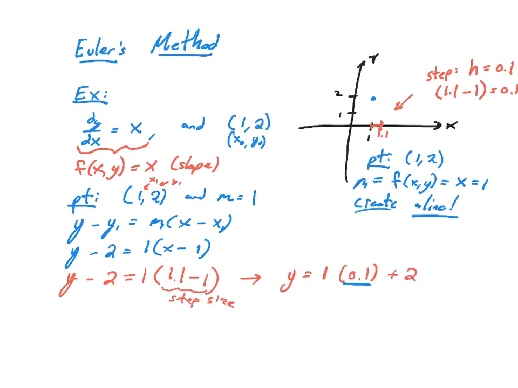Now, if you look at this, this is basically your step size, and that is the slope that we have, right? And then this is, of course, the y value of our starting point. And that's going to tell us what we're going to get. So we're going to get 2 plus 0.1. So we get that our y value should just be 2.1.